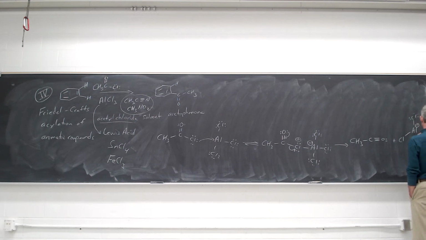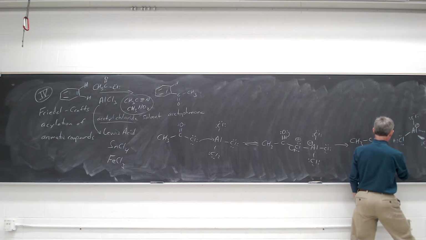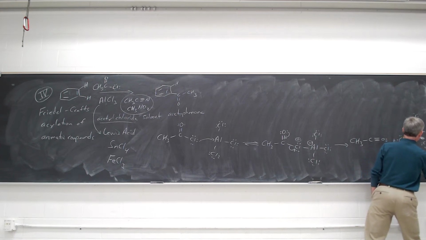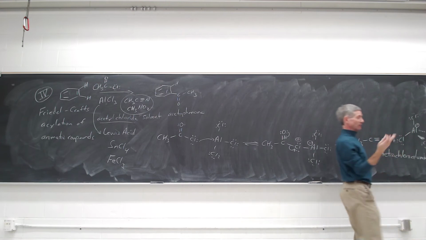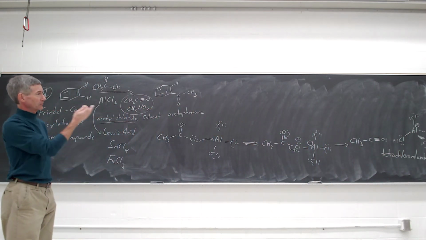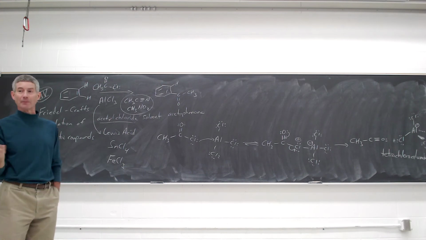The negative formal charge is on the aluminum. Fairly stable, tetrahedral, aluminate, because aluminum can only do a 3+. Right? So that's a tetrahedral tetrachloroaluminate complex ion.